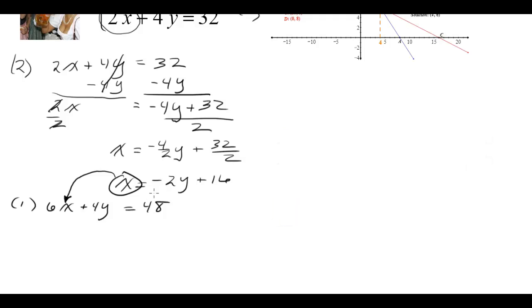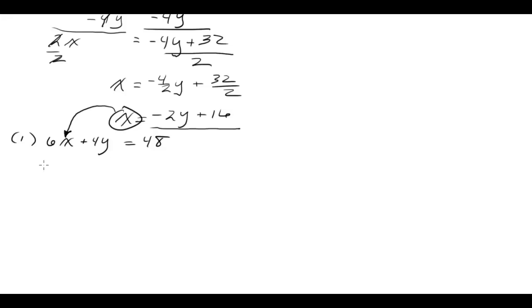In other words, I'm going to substitute this value on the right-hand side for this x. So instead of it being 6 times x, it's going to be 6 times the quantity minus 2y plus 16. I have now substituted minus 2y plus 16 for that x.